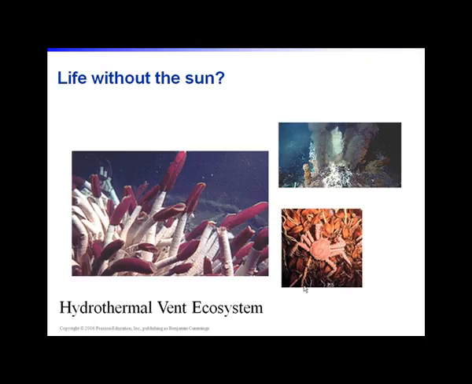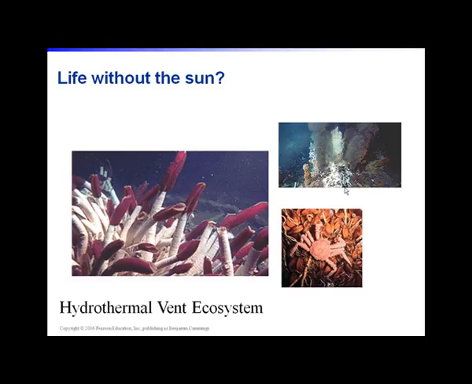So they were down deep in the ocean in a rift area. They're down over 8,000 feet, and at that depth there's no light at all. It's just completely dark. But there are these hot springs, you can see in this black smoker here, and these are giving off sulfur-rich, very hot water.